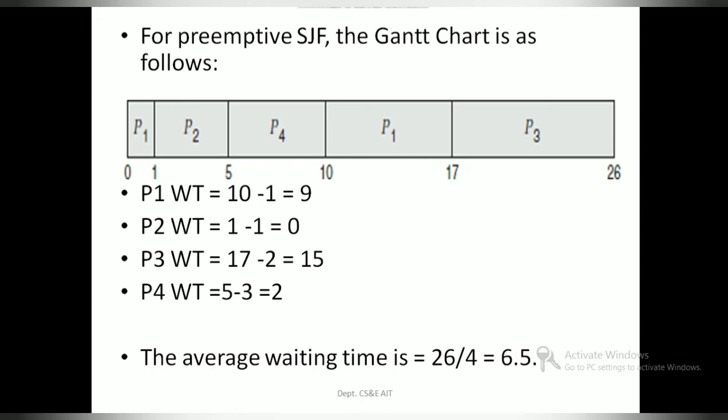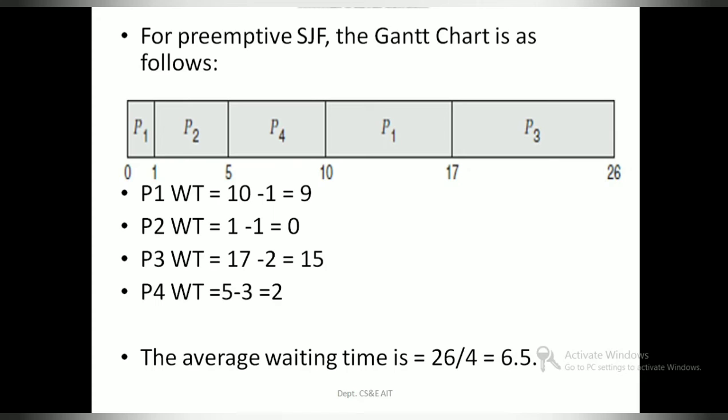Talking about P2, P2 waited for 1 millisecond, minus the arrival time, so I would be deducting that arrival time. So P2's waiting time is 0. The same applies for P3 and P4. P3 has waited for 17 milliseconds and I would deduct the arrival, that is minus 2.